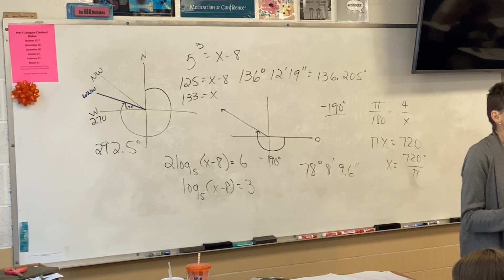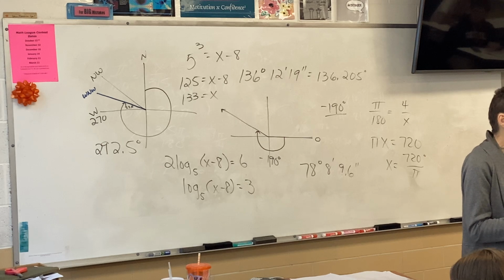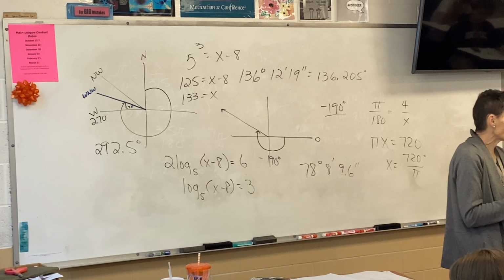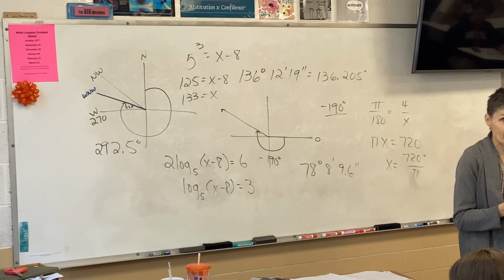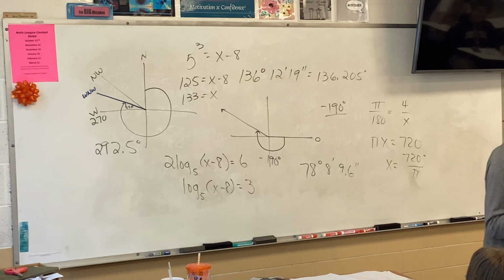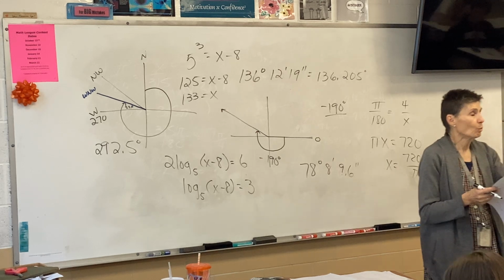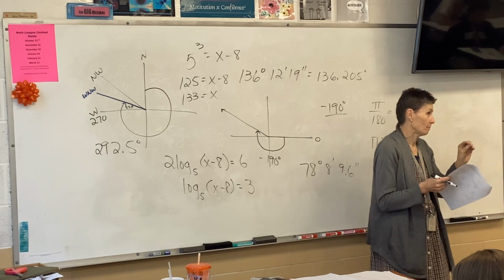So I need to use the mode feature to tell my calculator whether I'm inputting degrees or radians. Our calculators right now should be set in degrees. Let's double check in mode, and make sure degrees is highlighted. Yep. While it's in degrees, we're going to do all of the degree problems.